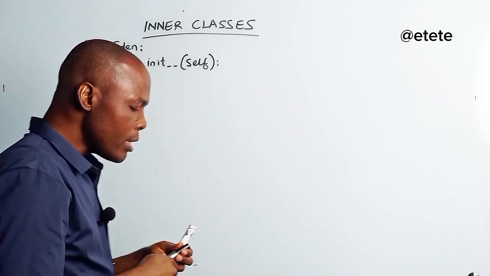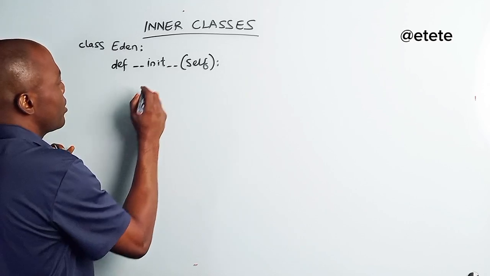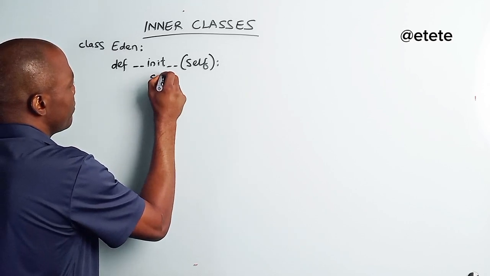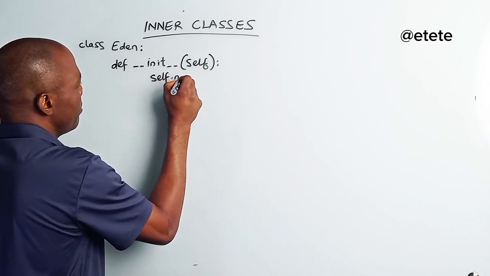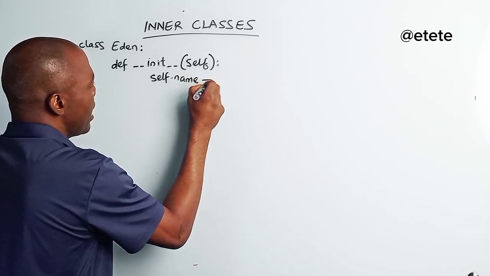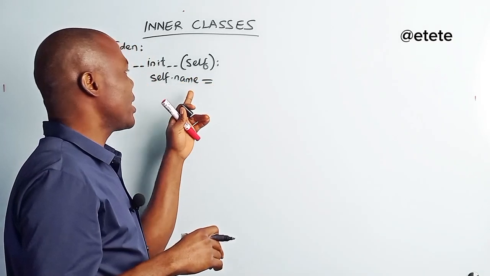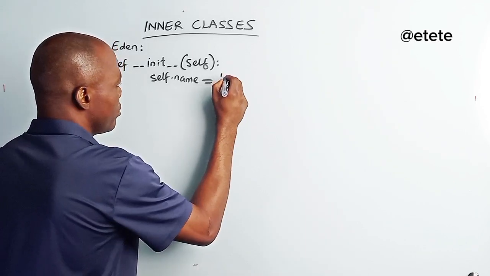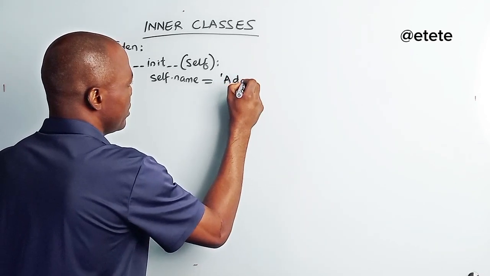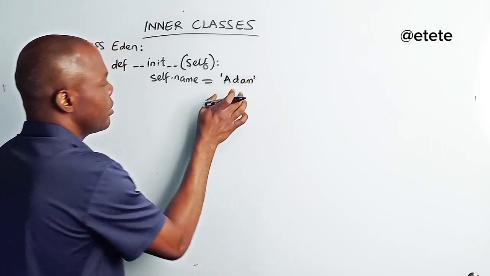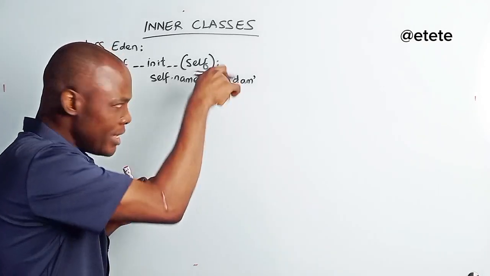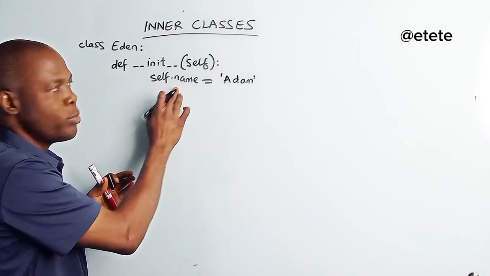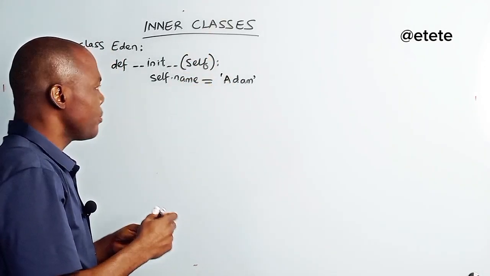Now, in this class, we'll say self.name, and then we implicitly initialize, give a value to this attribute. So we are going to give Adam to it, right? We are not going to supply it from outside.